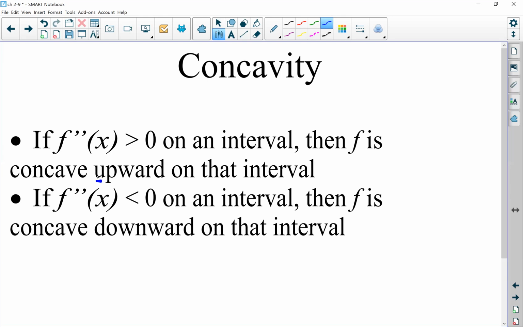And if the second derivative is negative, then we have a concave down or concave downward, kind of like the N in downward. So concave up looks sort of like a U shape. Concave down looks sort of like an N.